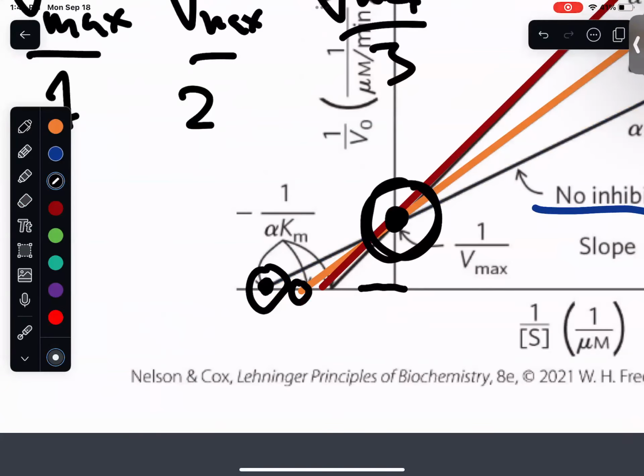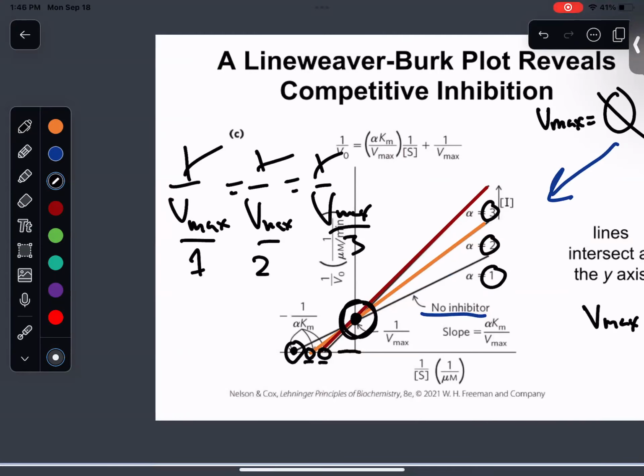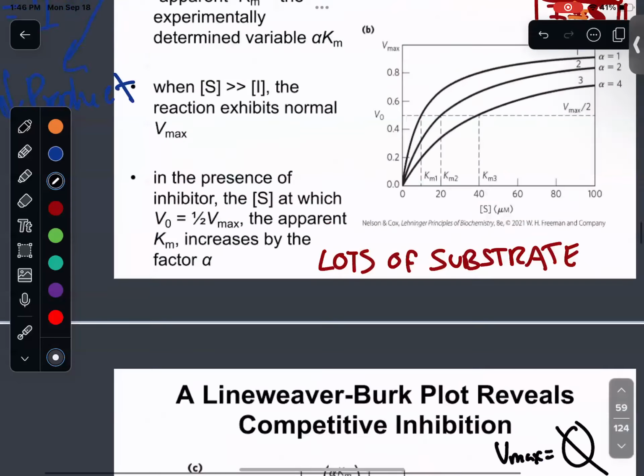These are the two inhibitors. We see that they are different. There's a difference in the -1 over Km value. And that makes sense. Why? Apparent Km is going to be affected in competitive inhibition. Does that part make sense before I move forward?